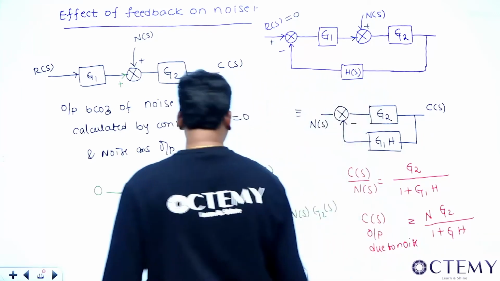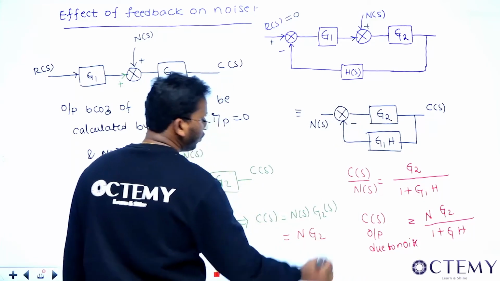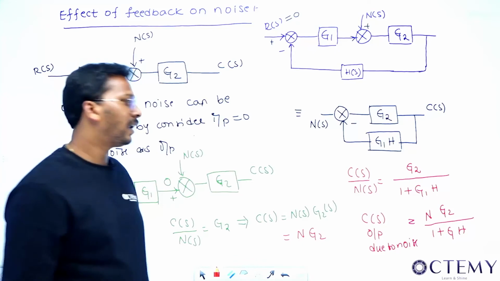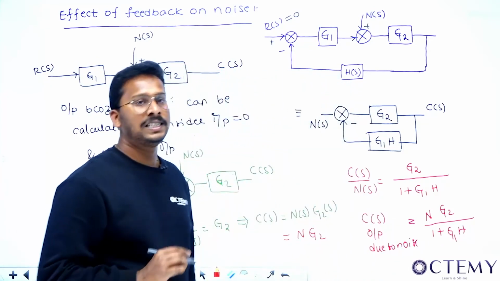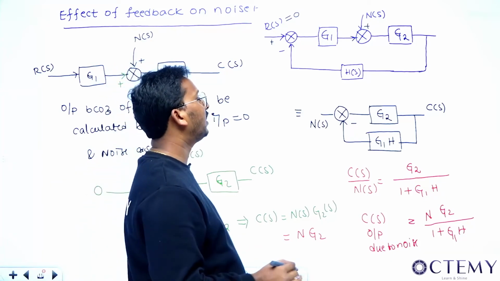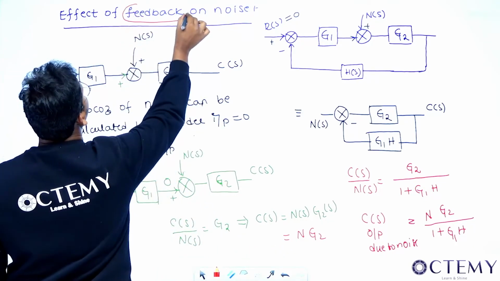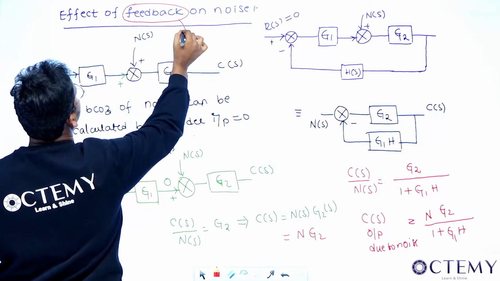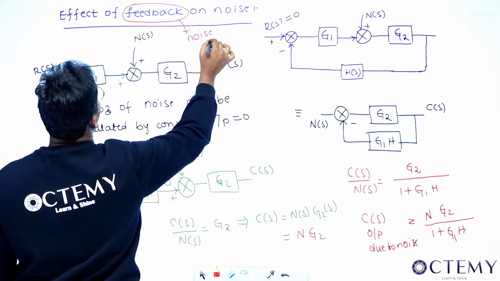What is the output here? It is N into G2. So the noise has been reduced by a factor of 1 by 1 plus G1H. It is very clear from this that whenever feedback is used, noise reduces. What happens to the noise? Noise reduces.